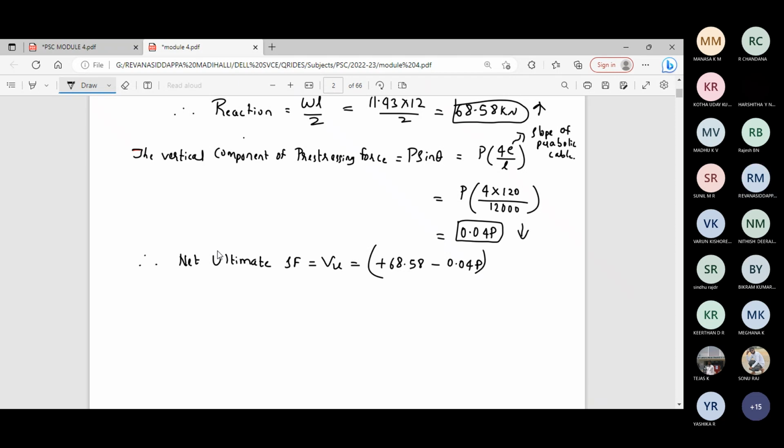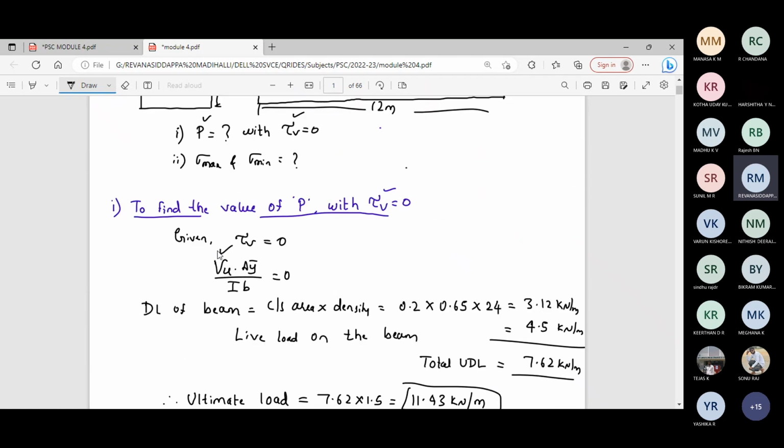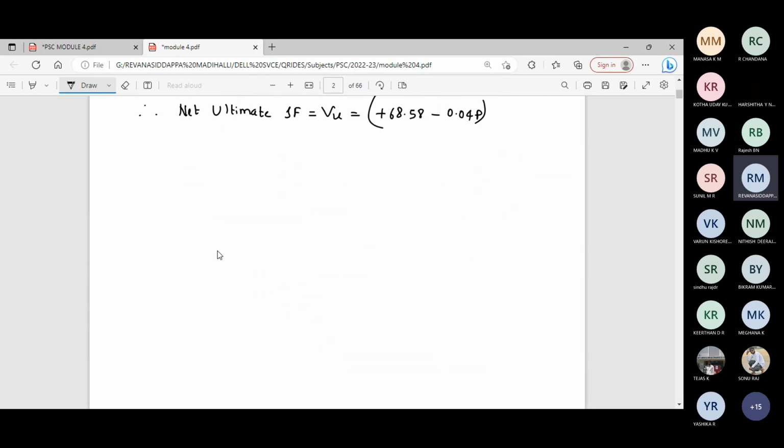This is the value of net ultimate shear force at the support. Now we got the value of VU. What is next required? We require the value of A Y bar, the first moment of area or static moment of area. For that, draw a small diagram once again to find A Y bar. So this is the cross section.